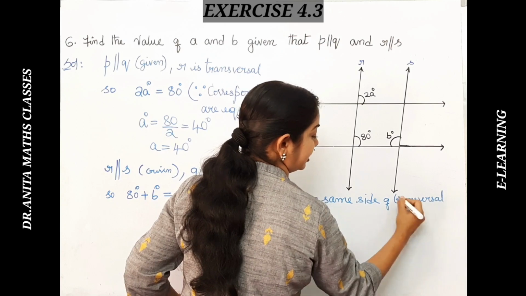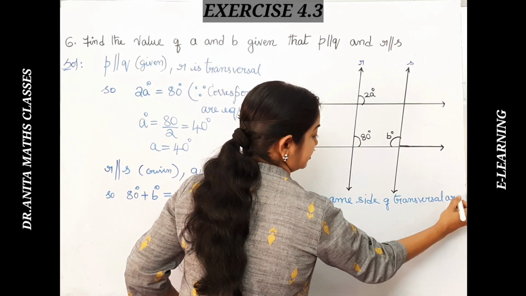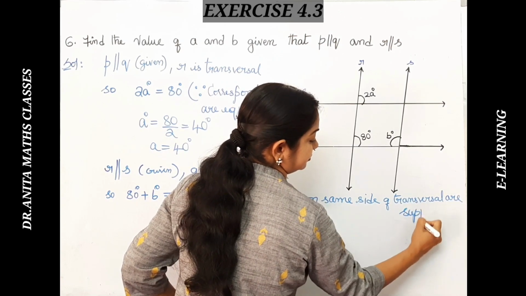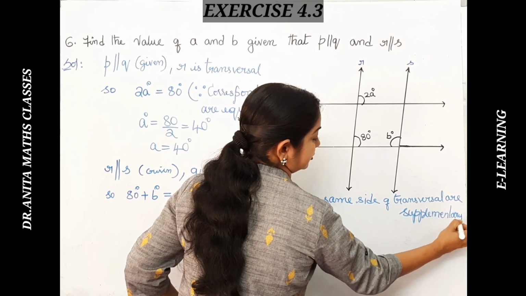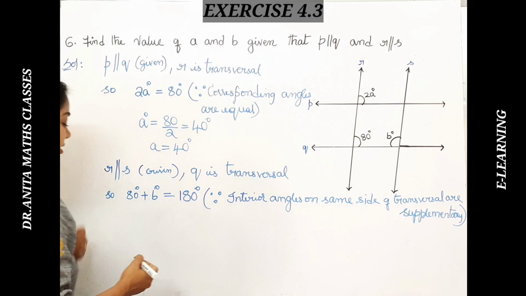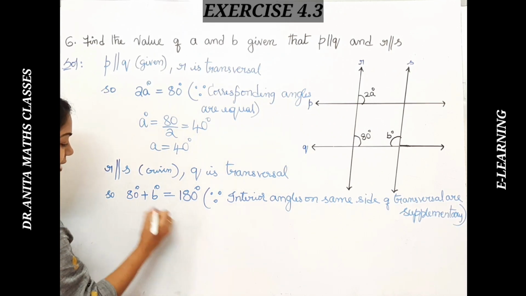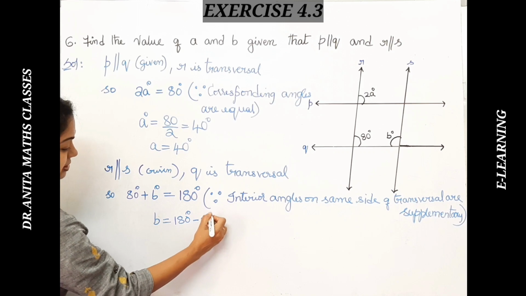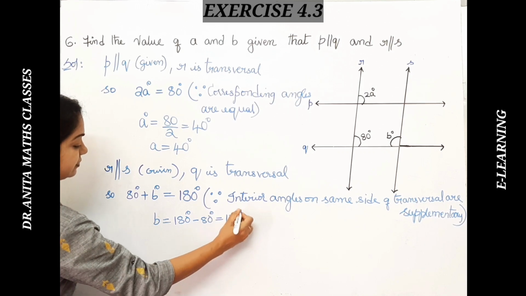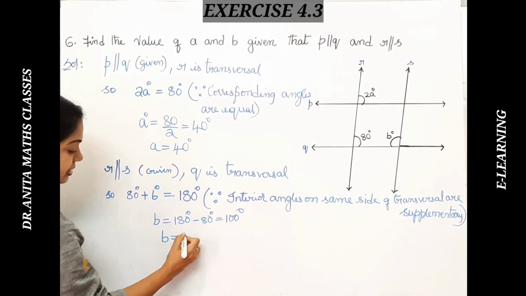They sum up to 180, that is, they are supplementary. Okay, so this is the reason. So from here B we can find as 180 minus 80, that comes to 100 degrees. So angle B is 100 degrees.